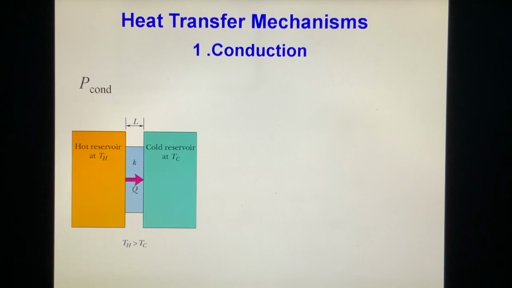We see the heat transmitted from this side to this side, passing through the slab. The heat per unit time is P conduction, which is Q over t.